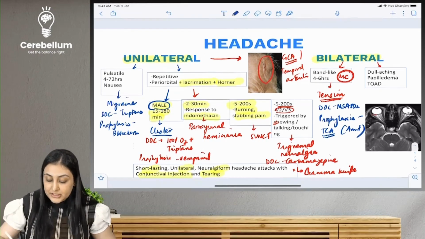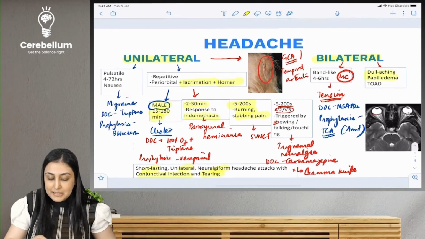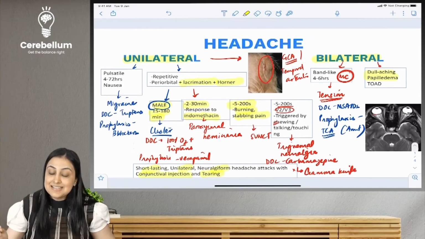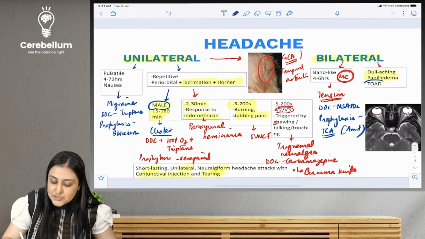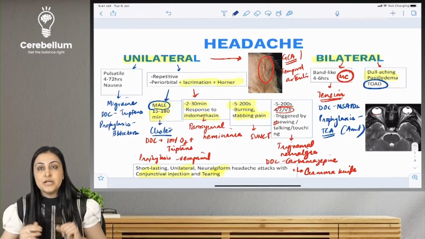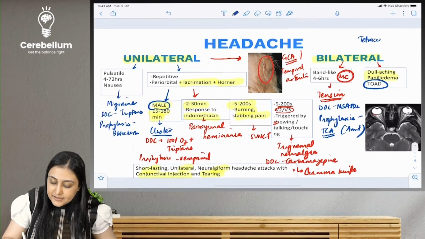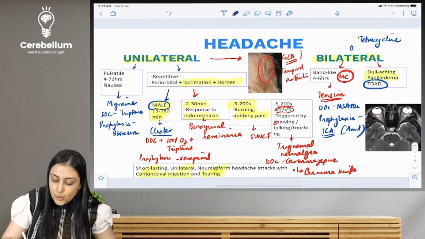Okay. On the other hand, very important, they give you a female who's having dull aching pain with papilledema, symptoms of raised intracranial tension, and you get these risk factors in the form of a TOAD. What is TOAD? One, the female is taking tetracyclines. Second, OCPs or obesity.